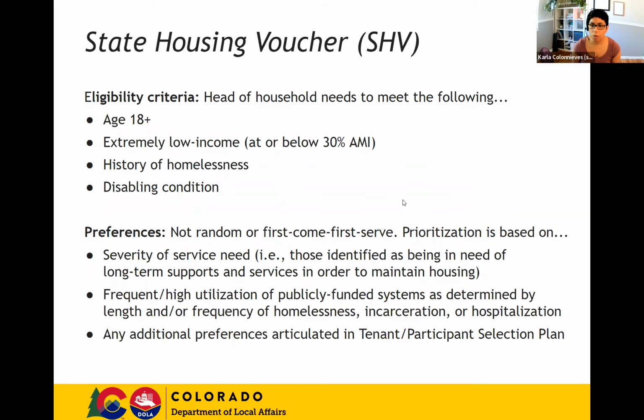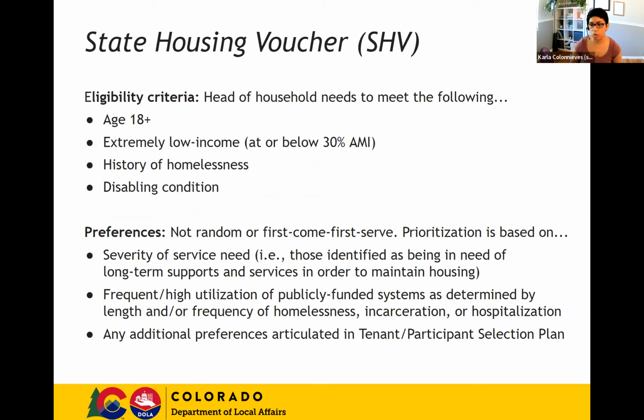All right, so I kind of mentioned this at the very beginning, but the eligibility criteria for those with state housing vouchers is that they need to be at least 18 years old, extremely low income, and have a history of homelessness and a disabling condition. Out of that pool of eligible households, when someone is referred, folks are prioritized based on preferences. So it's not first come, first serve. It's not a random selection.